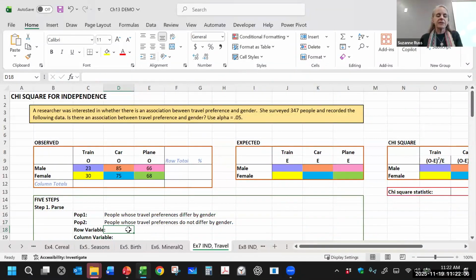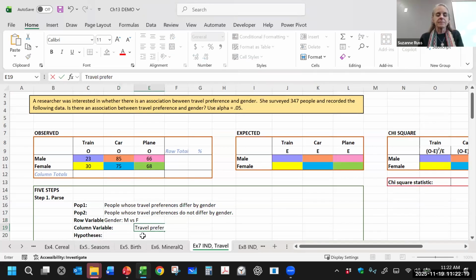All right, our row variable, this we have to specify now. Our row variable is gender, male versus female. And our column variable is travel preference: train versus car versus plane.